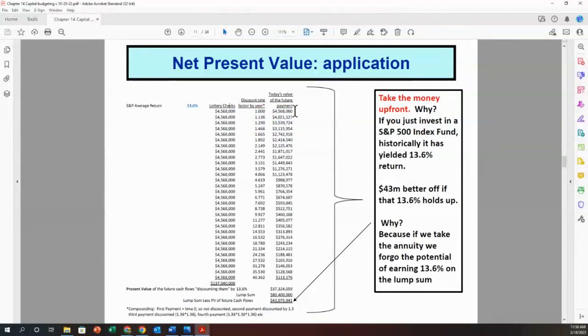And then the first check I get, 4.5 million, I get it day one. It's worth 4.5 million because there's no time value. I go to the lottery commission. They say, make your decision. I say, I want the annuity. They give me a check for 4.5. They say, see you next year.